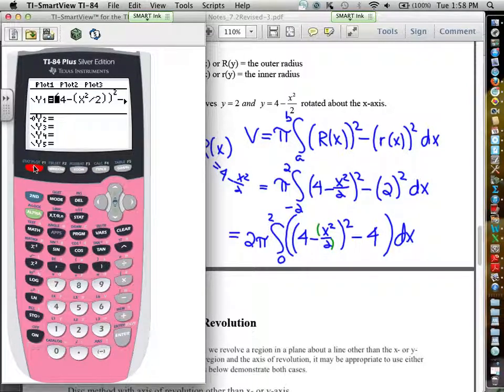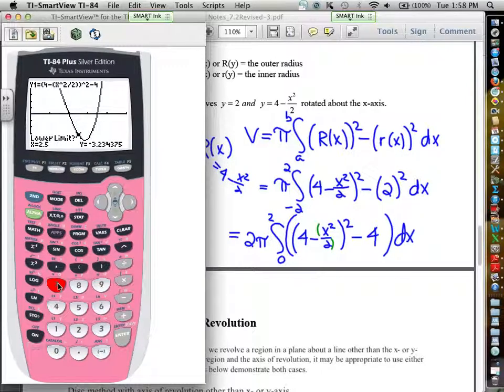So back at y equals, are you guys with me? Typing this in. Let's do it. Second calculate number 7. 0 to 2. We get 14.933. I don't want that decimal, I want a fraction.